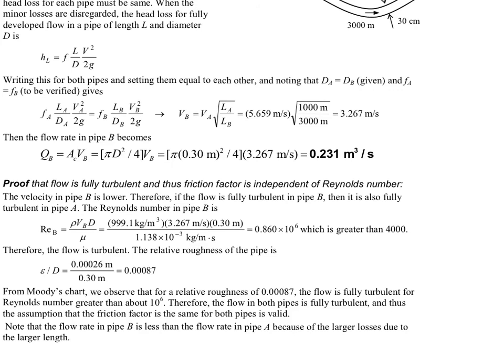So go through this proof. You can see, using the Moody chart, that the relative roughness in both pipes is pretty much the same and valid for this question.